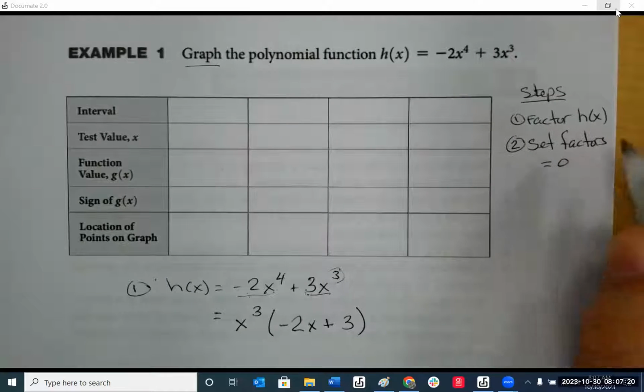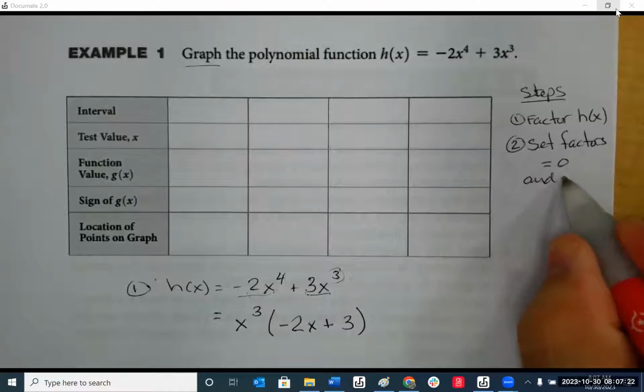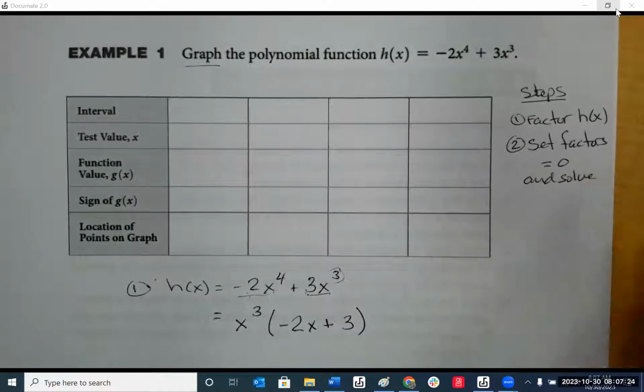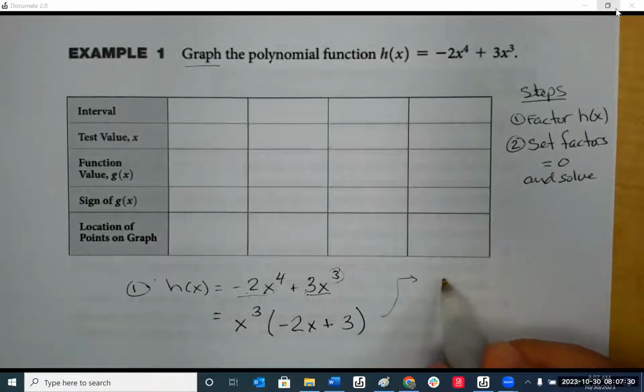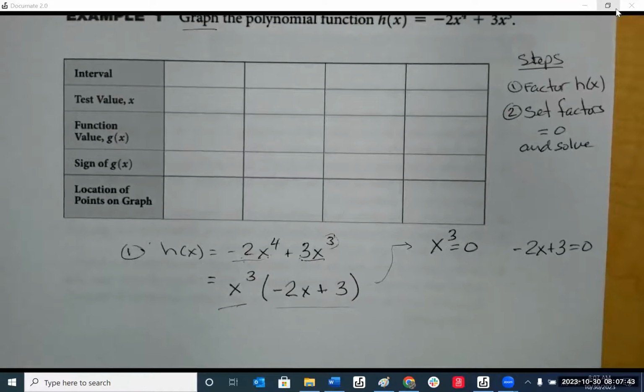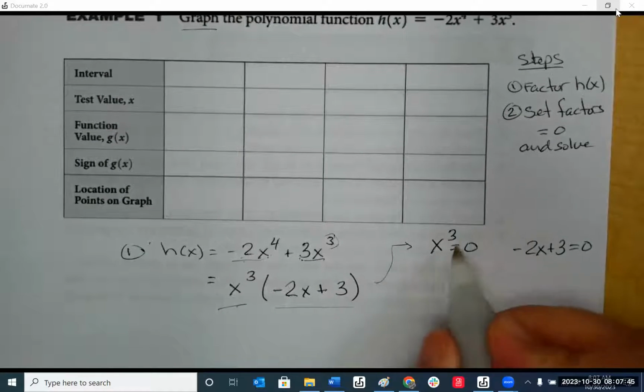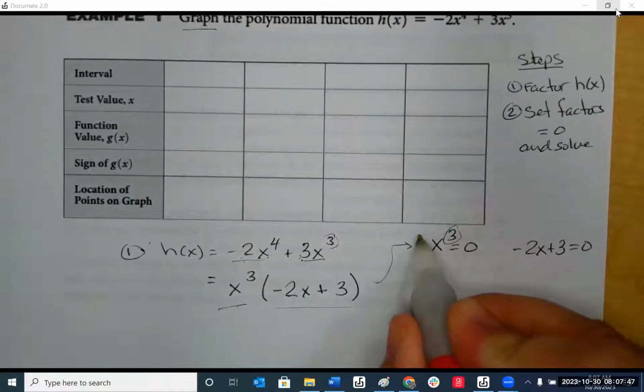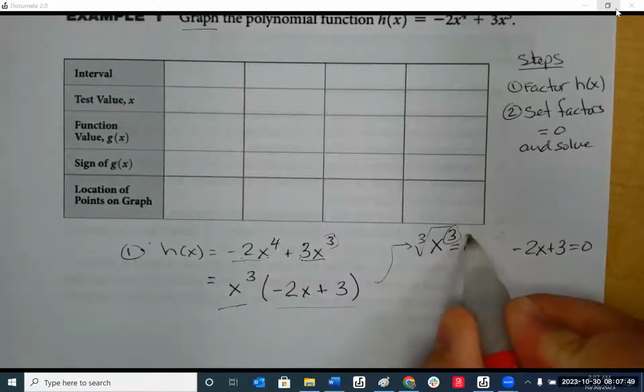Step 2: set the factors equal to 0 and solve. Then we have x cubed equals 0 and 2x plus 3 equals 0. Anything that has an x, I set equal to 0. To get rid of the cubed, I cube root both sides.